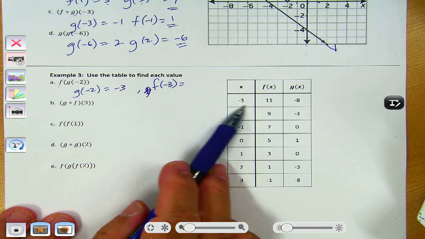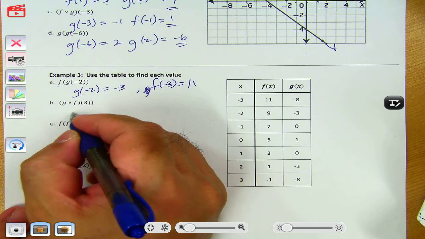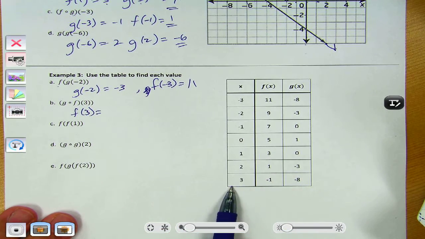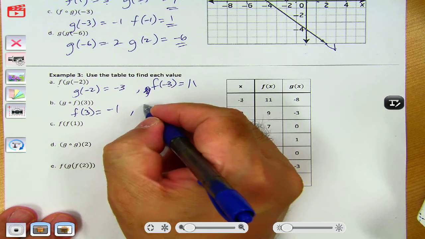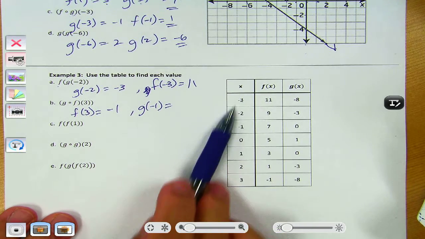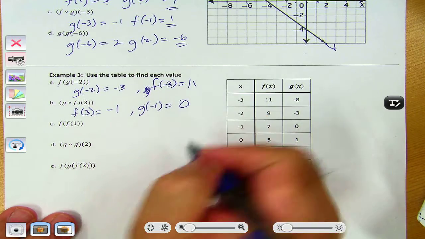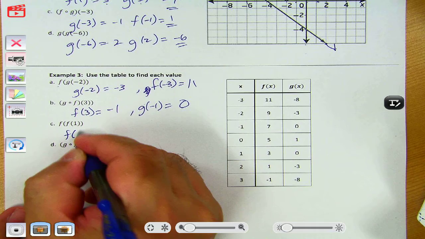X is -3, so f is 11. Now we're doing f of 3. So the x value is 3, f is -1, and g of -1: we look at x equals -1, g is 0. So that's it.